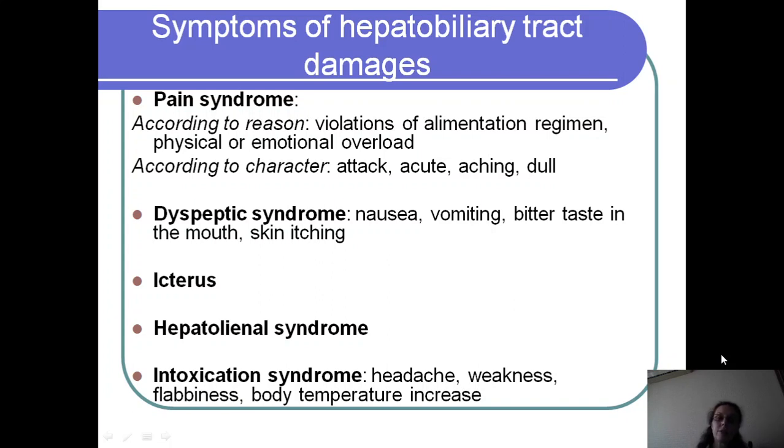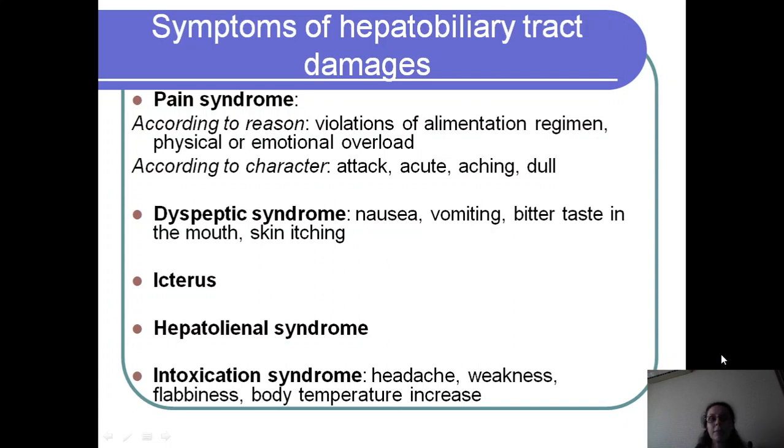And as a result of this, there is enlargement of liver and spleen. Enlargement of the spleen is usually associated with hypersplenism, which has as one of its consequences pancytopenia, a decrease of erythrocytes, thrombocytes, leukocytes.